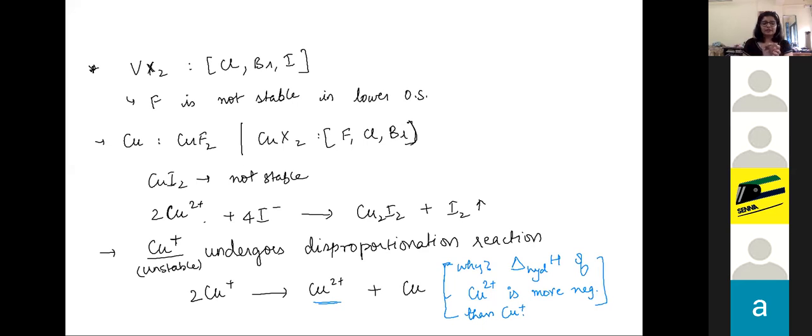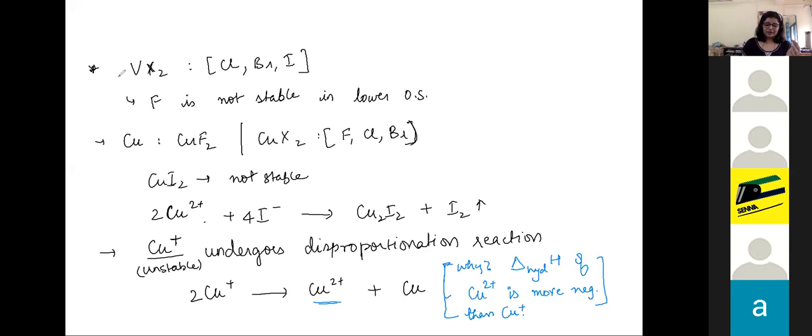So which is why you have VF5 existing, CrF6 existing, but you don't have CrCl6 or other things. But in stark opposite to that, fluorine cannot stabilize the lower oxidation states. And so you have halides in other lower oxidation states.